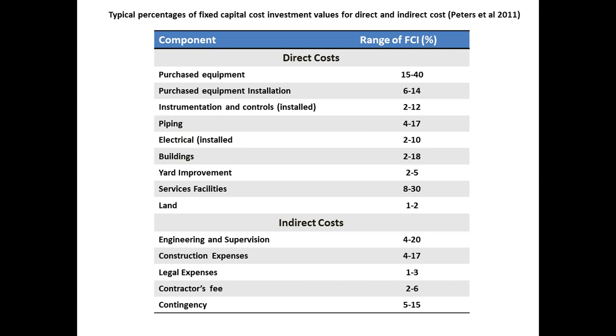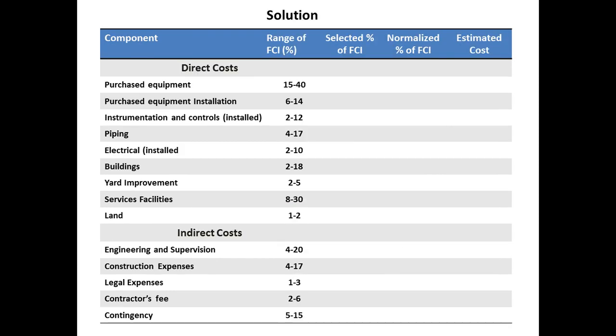The best way to go about this question is to draw a table, something like this. If you draw this table, you have the components and you have the range of FCI, percentage of FCI, the fixed capital investment. So you are going to select a percentage for yourself, because as you can see, these are range of percentages.